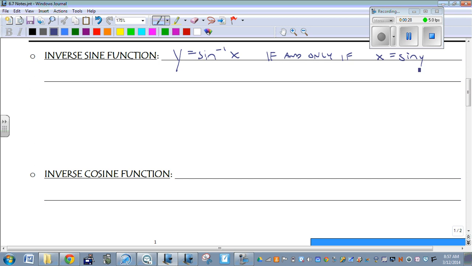And for the inverse, our x value has to be between 1 and negative 1, including those endpoints. And our y value goes from negative pi over 2 to pi over 2.